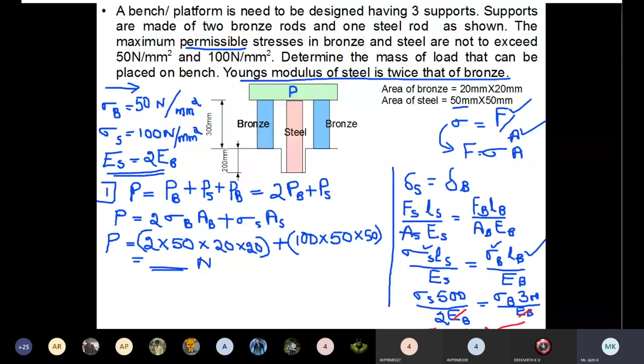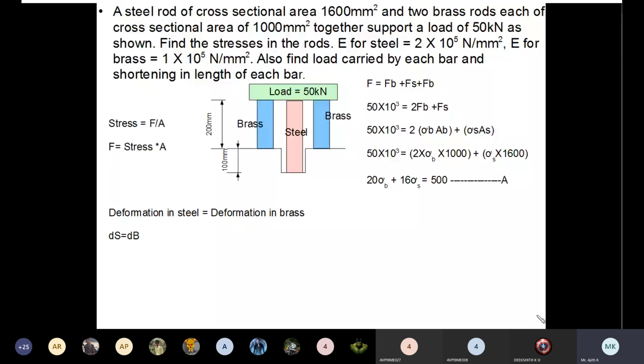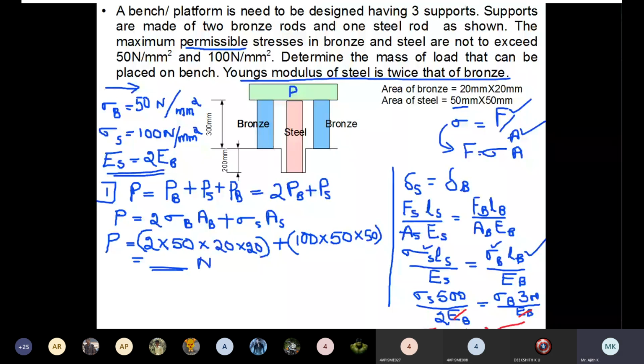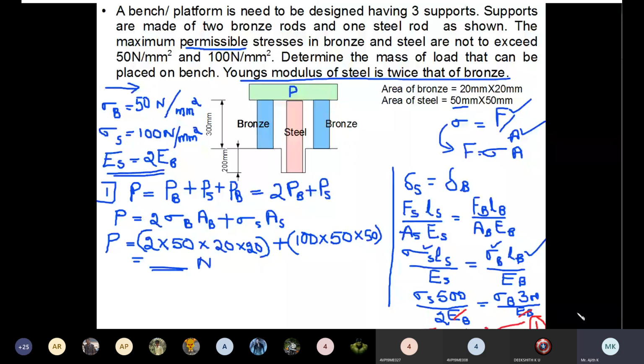Take it down. Sigma S is equal to 1.2 times sigma B. This is equation number 1.